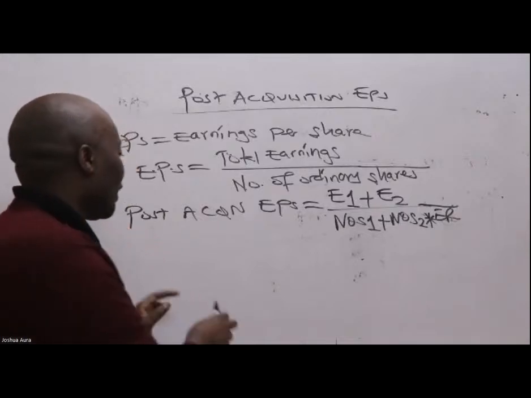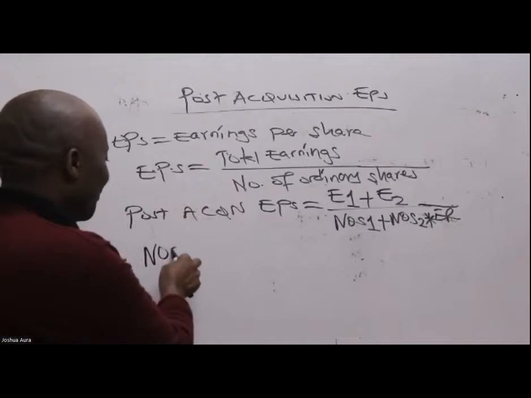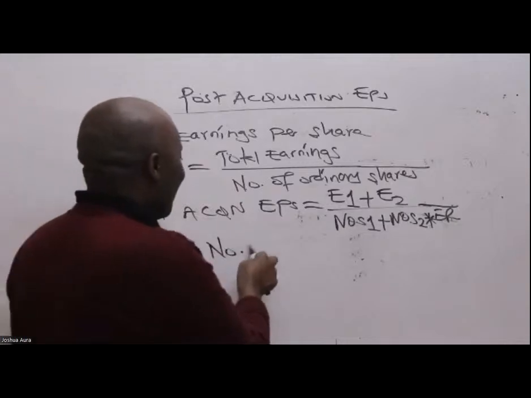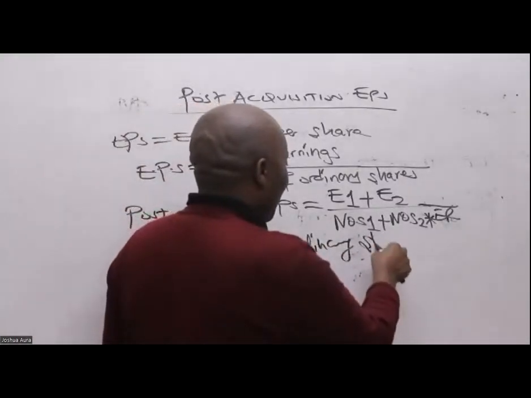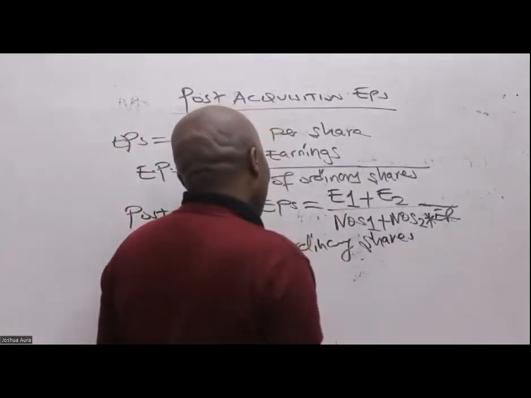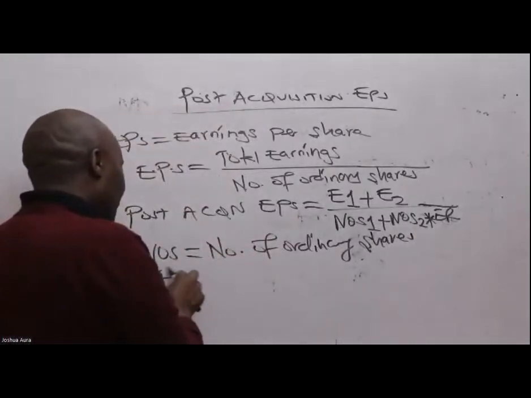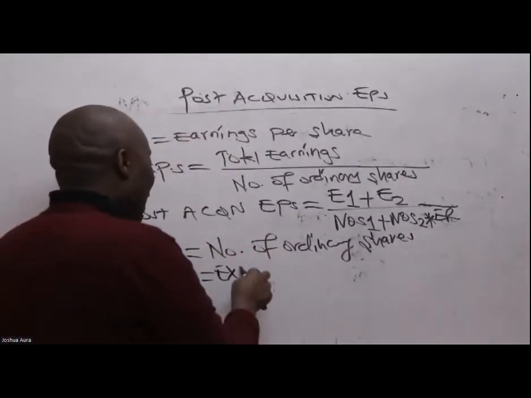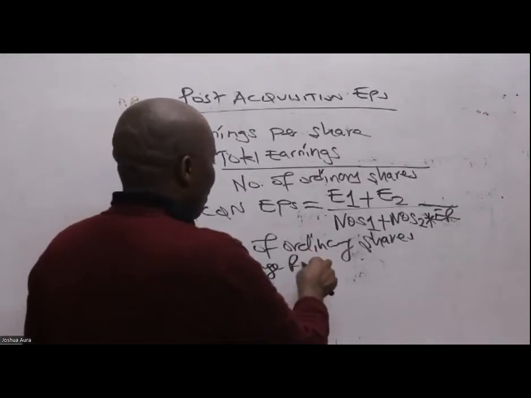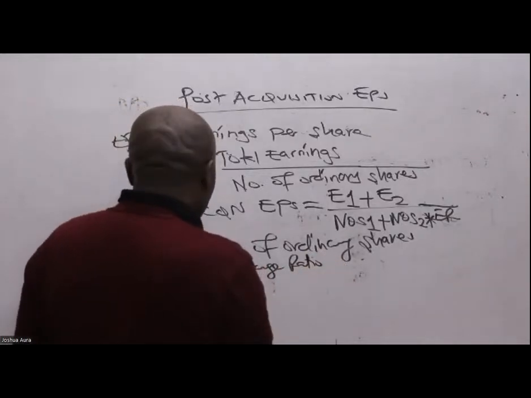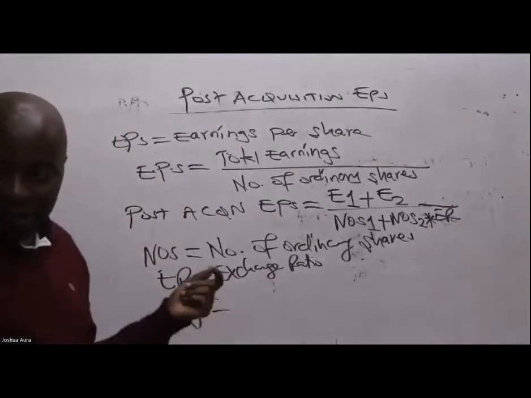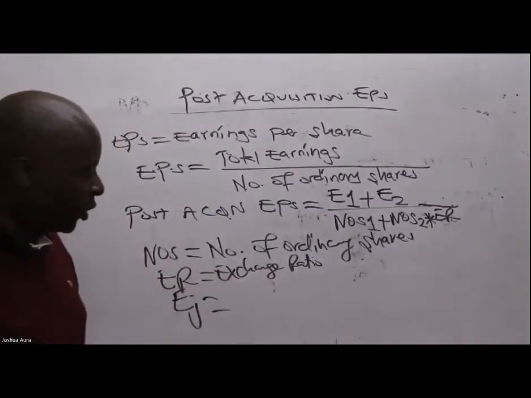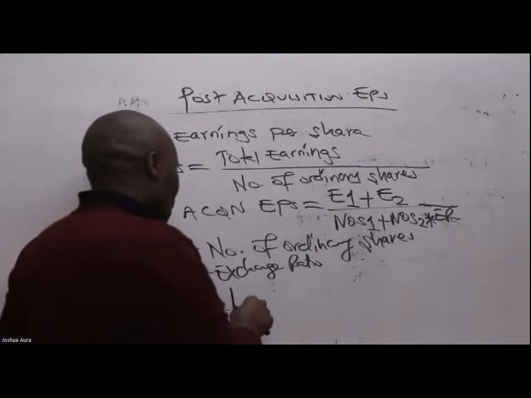So please don't forget that NOSE stands for number of ordinary shares, and ER stands for exchange ratio, and then we have EJ. J can be a number like E1, E2. So this EJ is the total earnings.